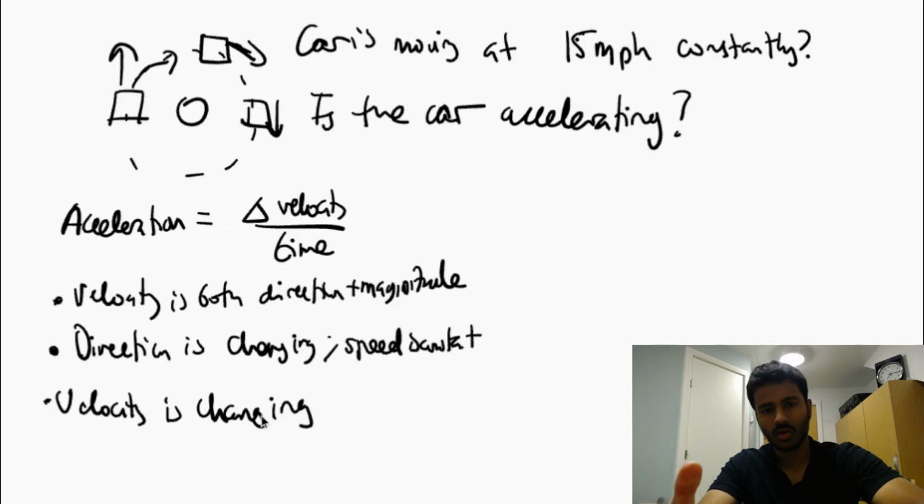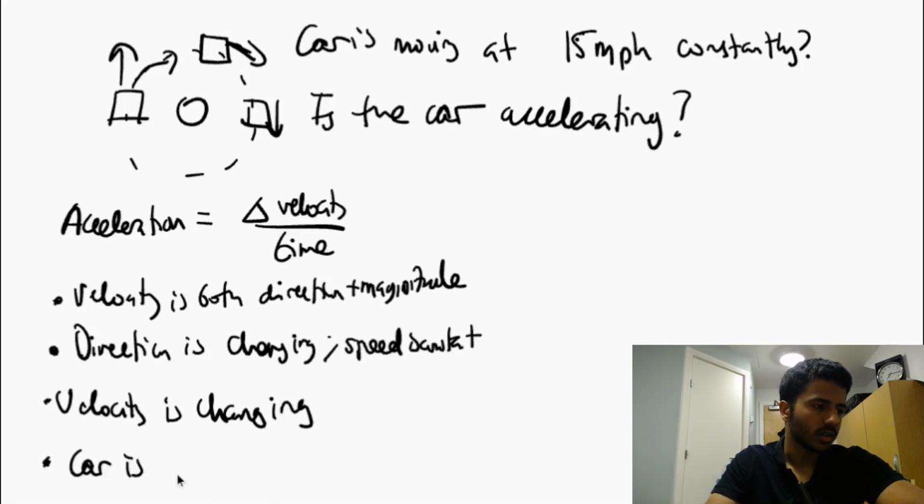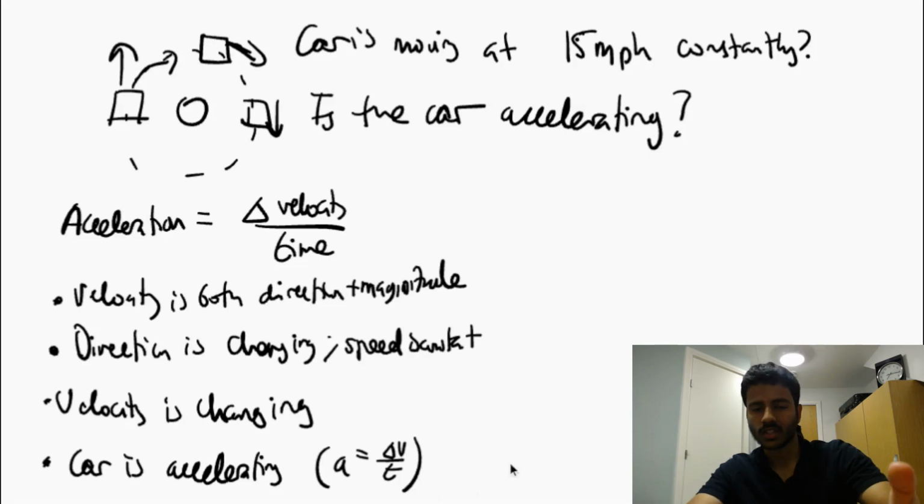And therefore, because the velocity is changing, you know that change in velocity over time is acceleration. The car is accelerating. You can quote this equation, a is equal to change in v over time. So if a question like that comes up in your exam, remember that if a body is moving around in a circle at constant speed, it is still accelerating.